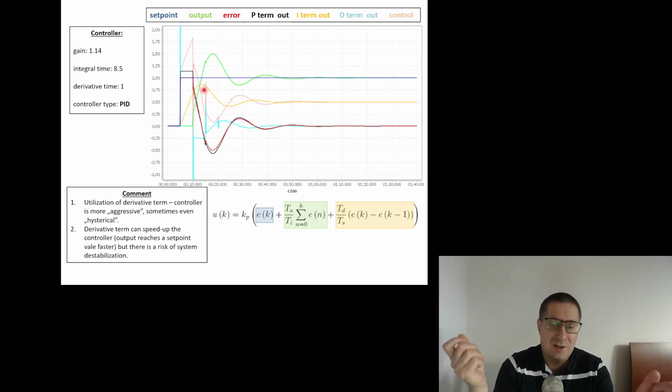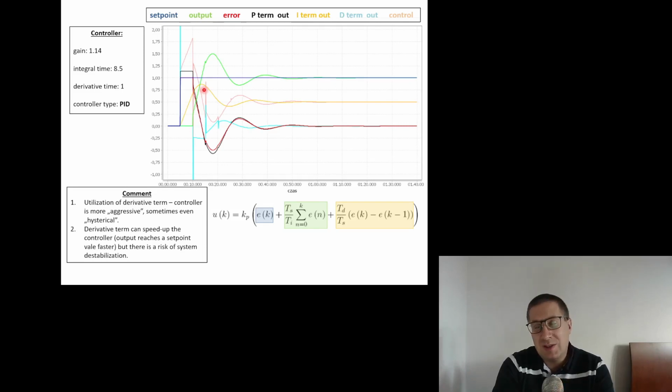It will decrease the engine load, etc. On the other hand, if in the next second, because of the noises, the error rises, then the D term will ask for more energy to open the valve, to increase the load of the engine, and it's not a good behavior, right?